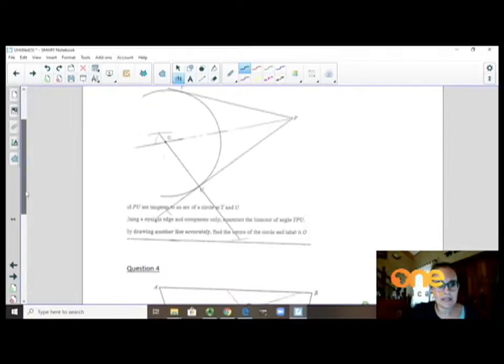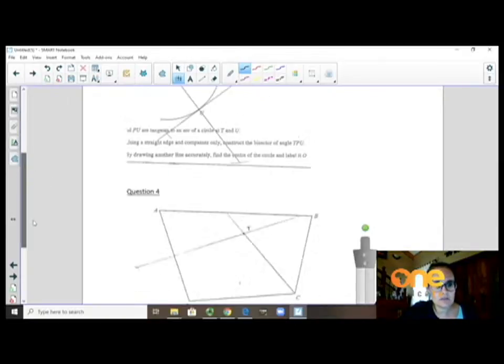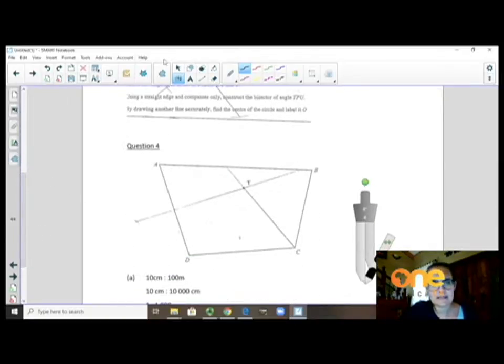Question number 3, it says, sorry about this part, but my construction went over the questions. Use a straight edge and compass only to construct the bisector of angle TPU. So your bisector, now I can try to do this with my compass.